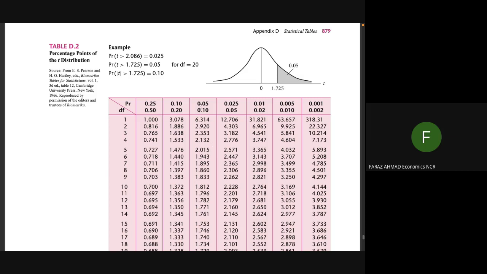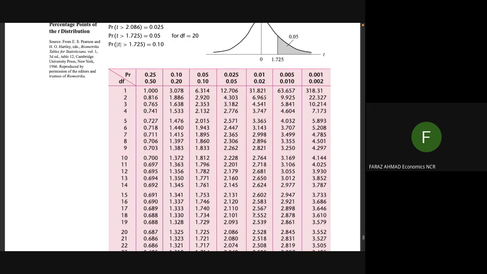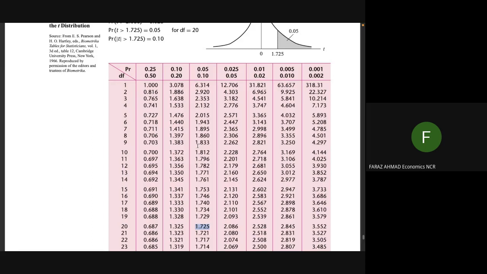If you look at the probability of 5% and for 20 degrees of freedom, you can see it is 1.725. So for 5% in the right tail, it is this much.